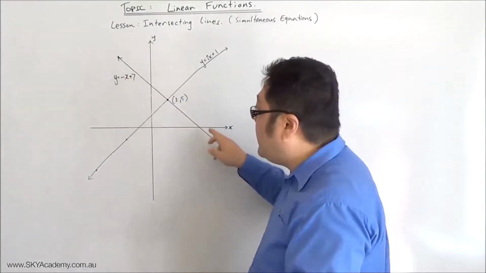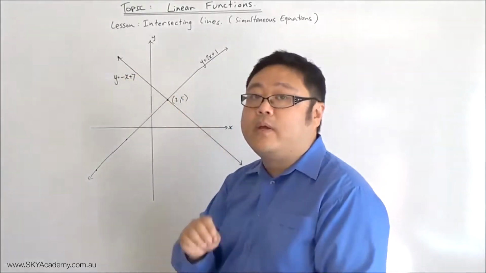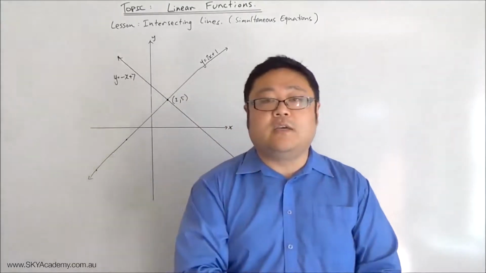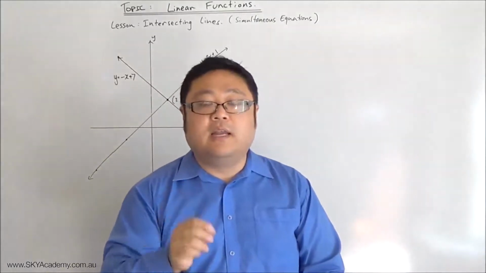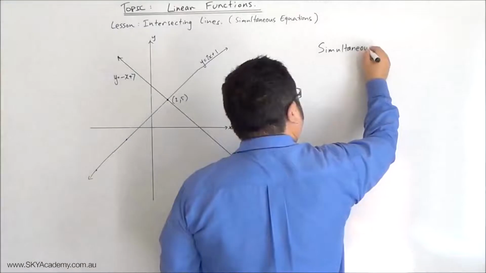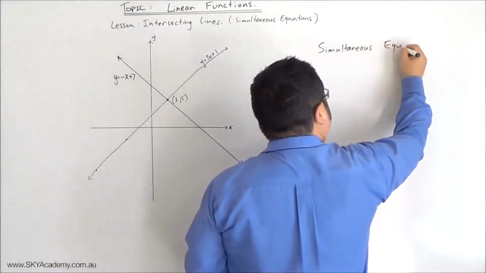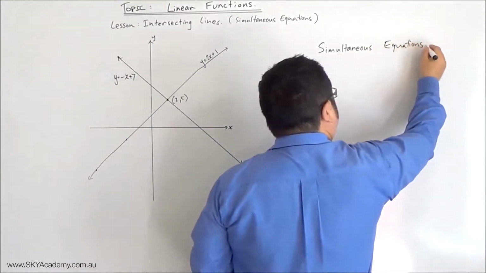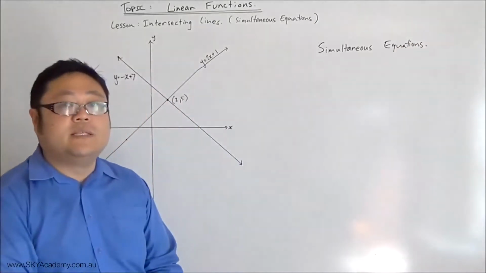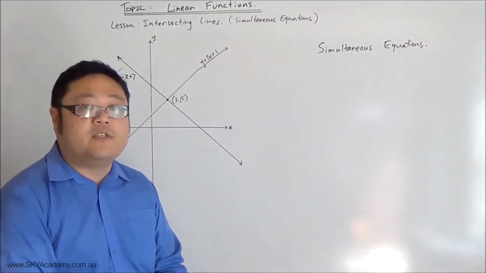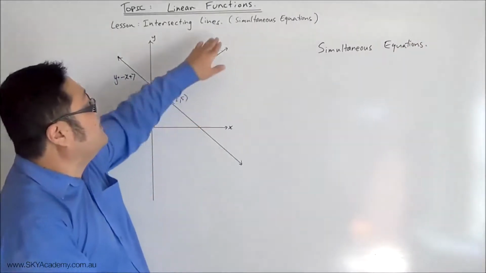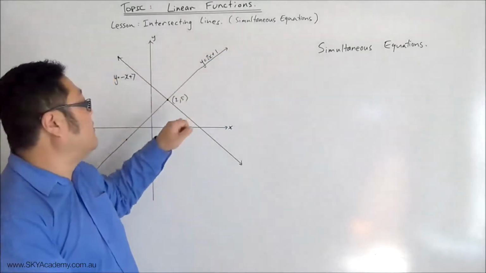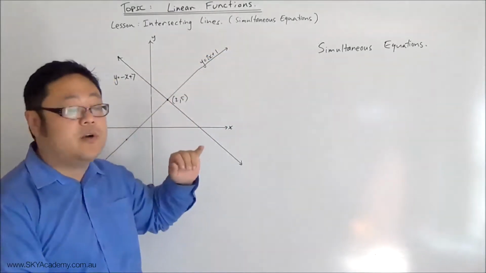We can work it out graphically, or we can also work it out using algebra in a method known as simultaneous equations. We are going to look at simultaneous equations involving straight lines, and that will tell us the point of intersection between the two lines.